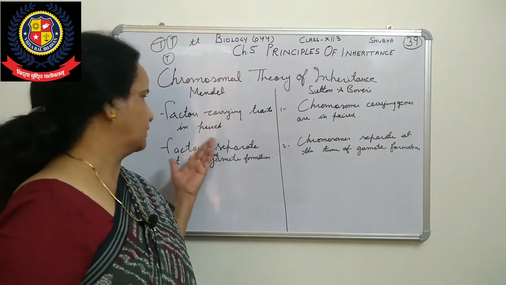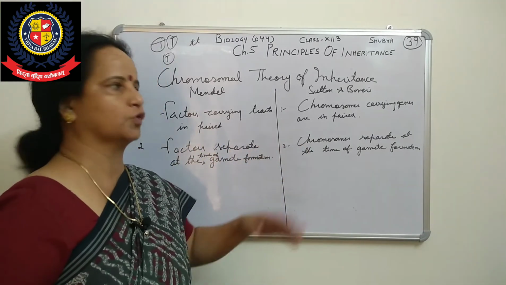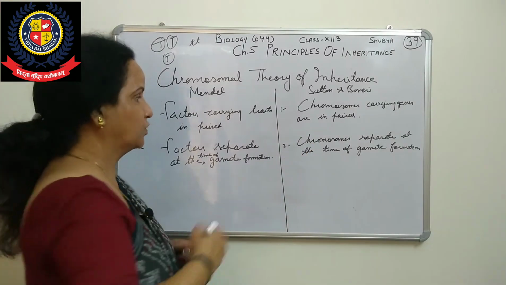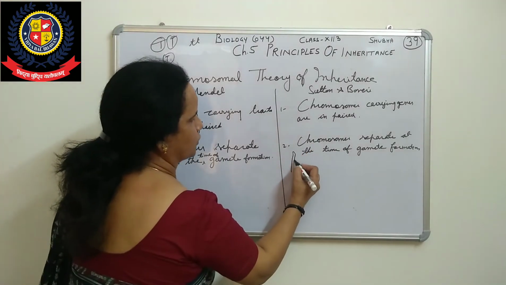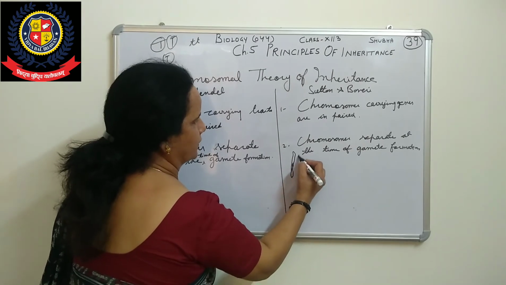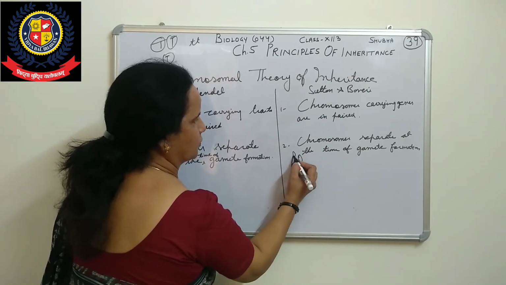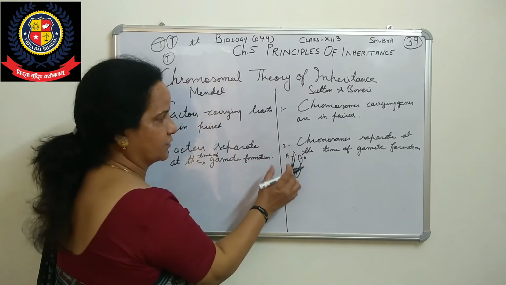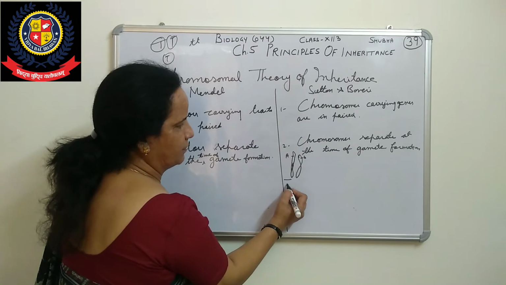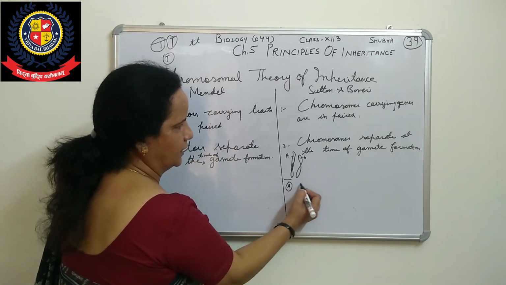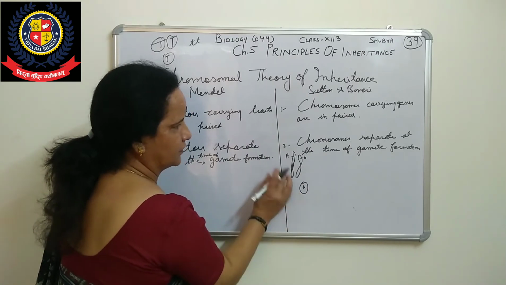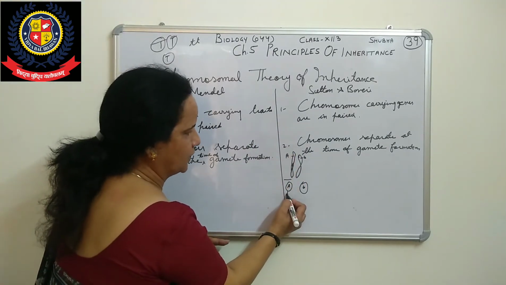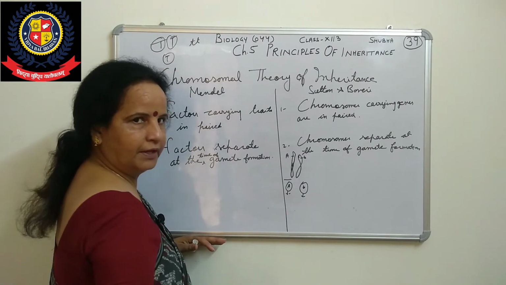Now again, here we are saying factors, and here chromosomes carrying genes. Suppose there is one pair of chromosomes, chromosome 1 and the second one, and suppose this one has A and this one has B. They will separate, one carrying only A and the other carrying B, so in a gamete there will be maybe only A or maybe only small b.